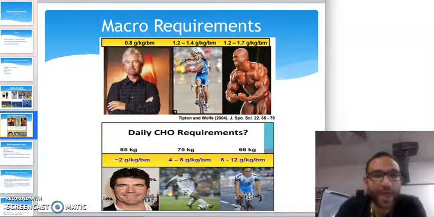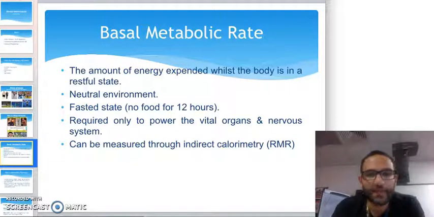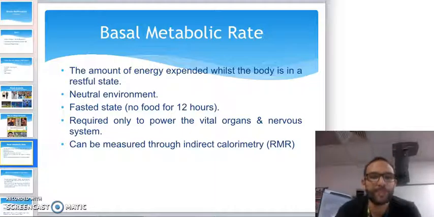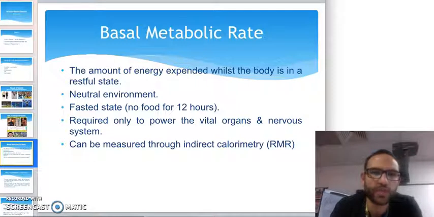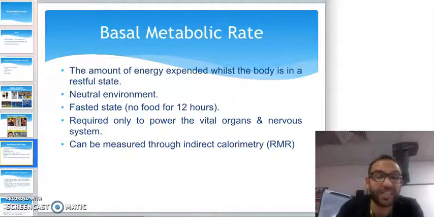Your energy balance is actually made of a few different formulas, but the main component is the basal metabolic rate, or BMR. This is the amount of energy the body requires to survive in almost a comatose state, really.